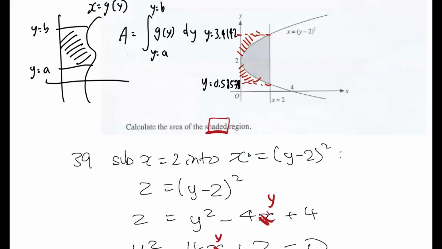So what do you do to find the shaded region? What shape is this? The green color box. Rectangle, yes. So how do you find the gray shaded region given that you know the red color region? Minus. What minus what?